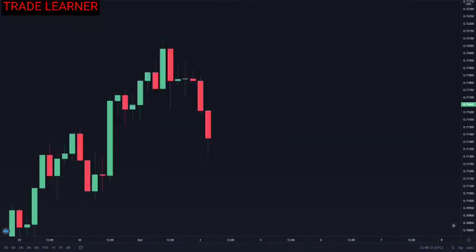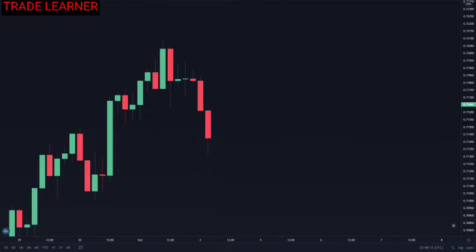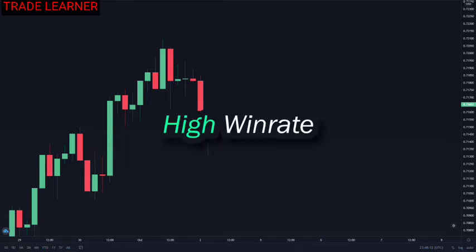Support and resistance is the most important technique to master when trading using technical analysis, yet 99% of traders still get it wrong. So why is it very important to understand? It's because once an area of support or resistance has been identified, it can serve as a potential high win rate trade opportunity.